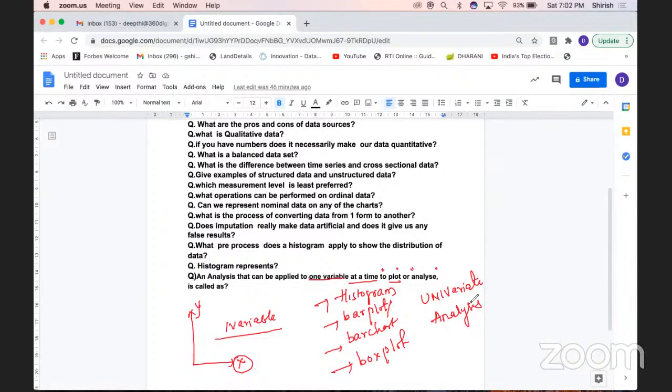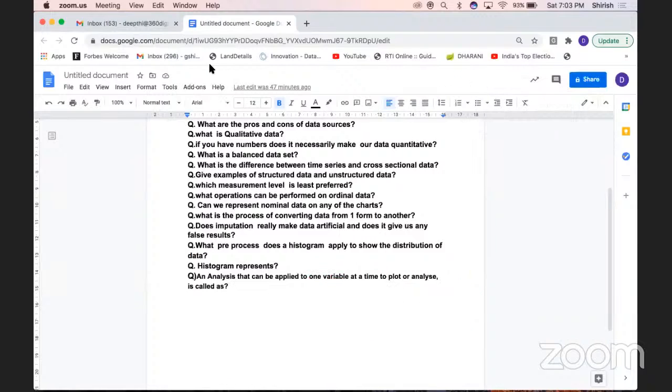Next, we are talking about EDA. We started with the data types, then measurement levels, then data cleansing. As a part of this, why do you think data cleansing is very important? What is the vital role of the data cleansing part?